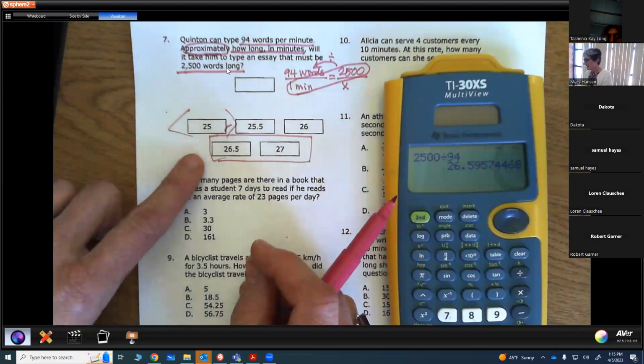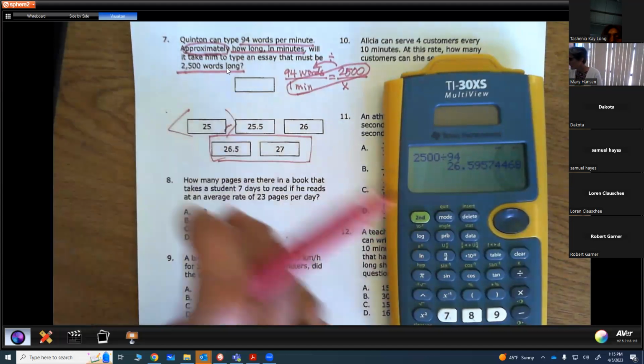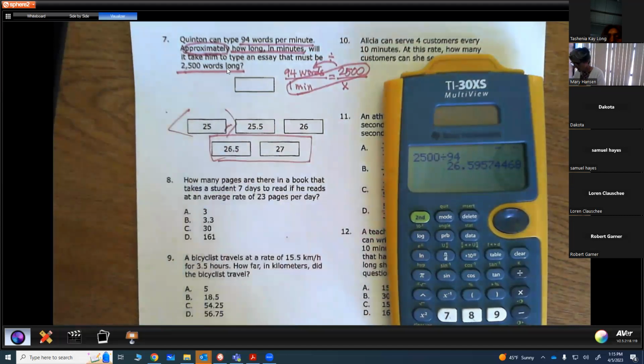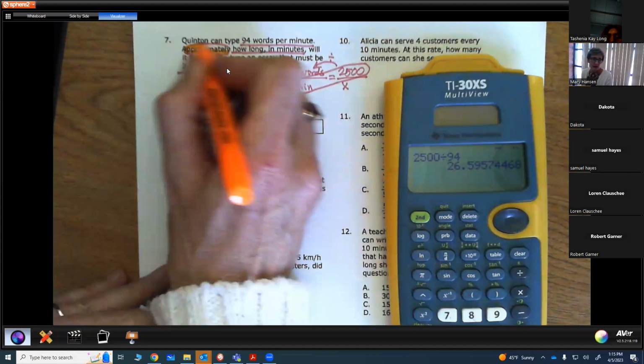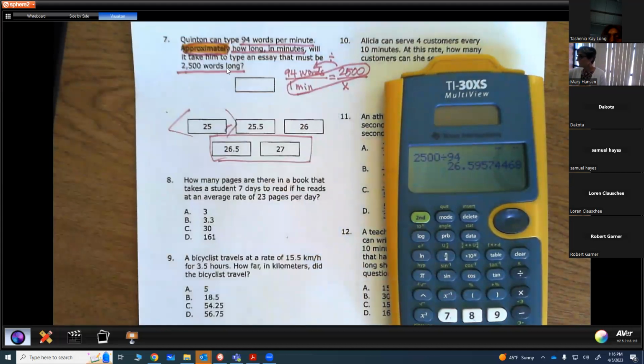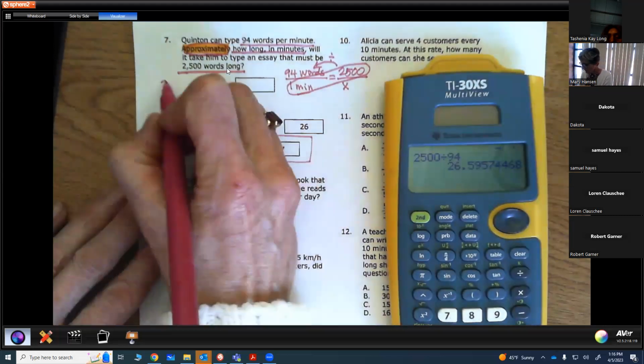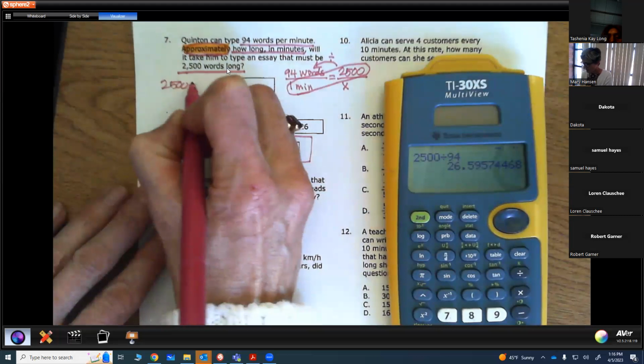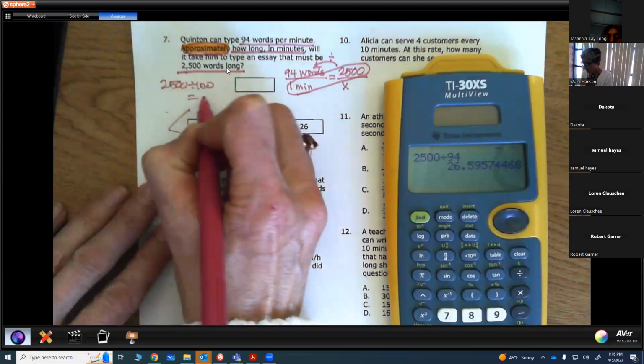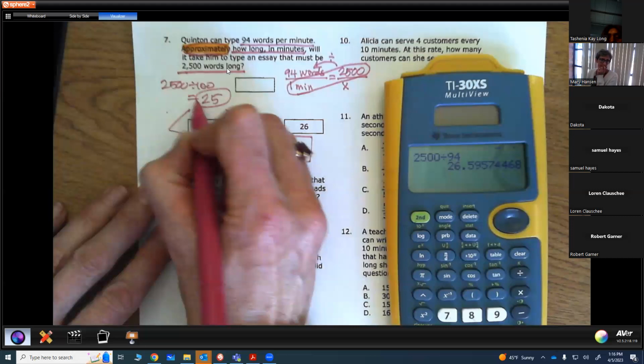Because typically words like estimate or approximate or about how many tell us we can estimate, meaning we can round things to easier numbers to use. So if you took 2,500 divided by 100, you could say it's approximately 25 minutes.